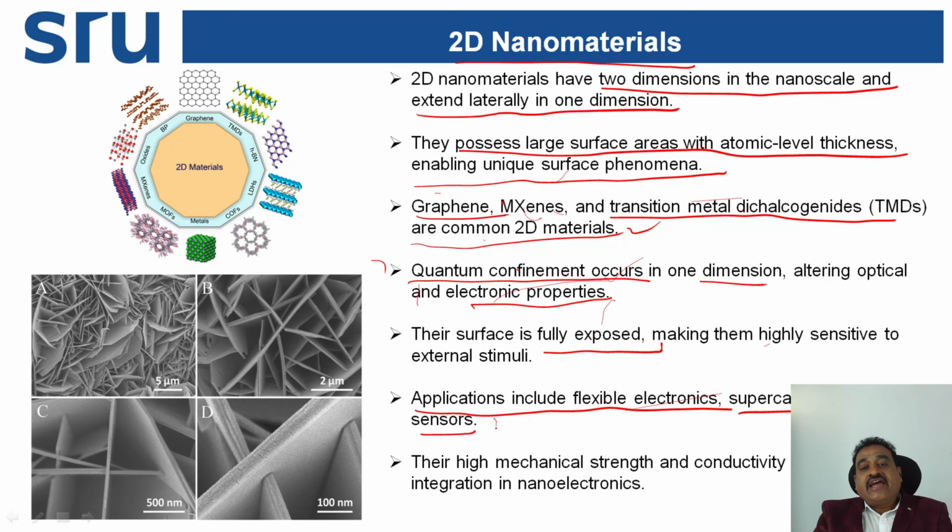The two-dimensional nanomaterials are used in flexible electronics, supercapacitors, and gas sensors. Due to their high mechanical strength and conductivity, they support integration in nanoelectronics.